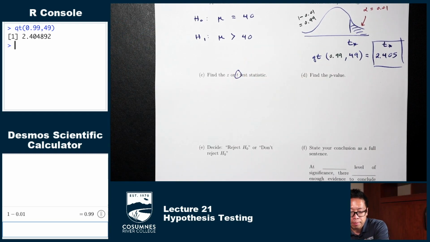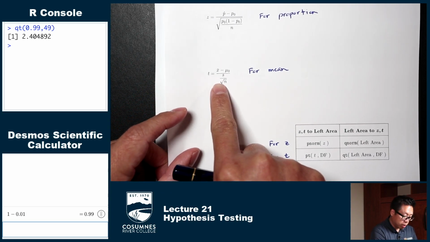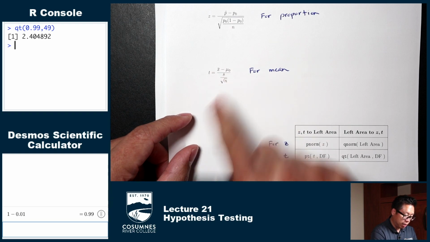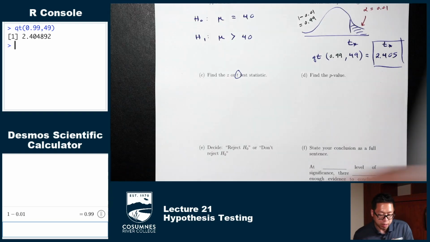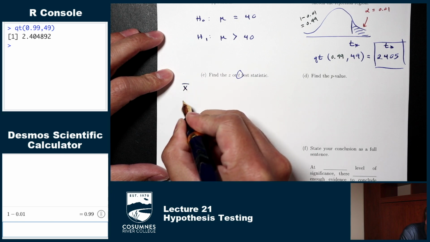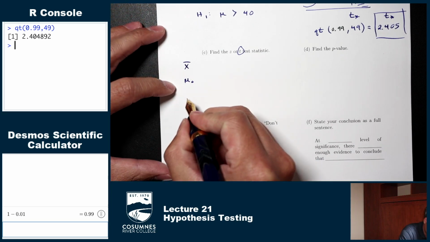And the t formula is this one. So this t formula has an x bar, a mu 0, an s, and an n. Okay, so let me write all those down. There's an x bar, a mu 0, an s, and an n.